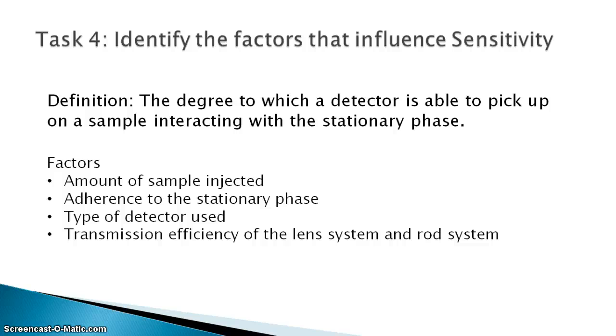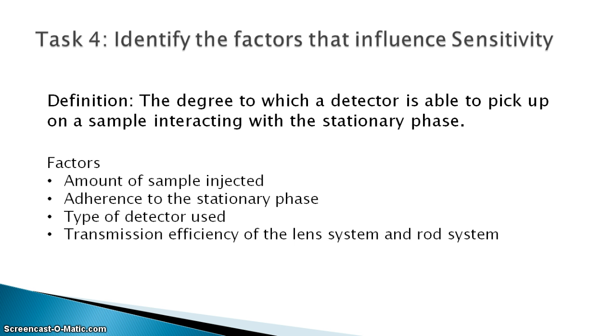If you had a very small amount, obviously it's much more difficult for the detector to see, which influences the sensitivity. Another factor would be adherence to the stationary phase. If an unpolar molecule was retained in the stationary phase for a very long time, this would obviously affect the sensitivity.